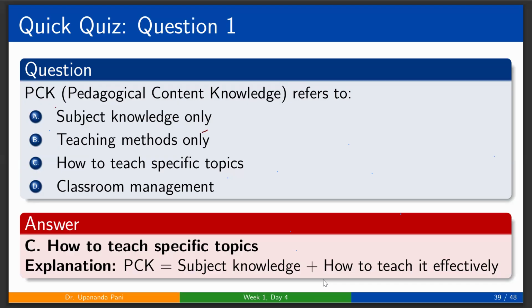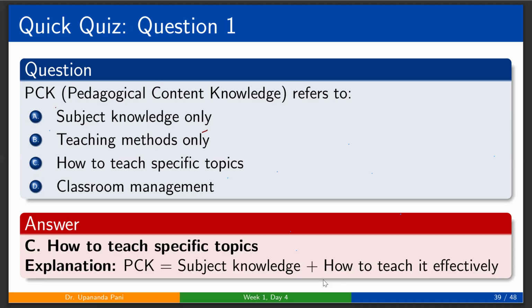What is C? How to teach specific topics. Because all of you have answered subject knowledge only, but the specific topic is very important, because if you know PCK, then definitely you have subject knowledge, but you should also know how to teach it effectively.